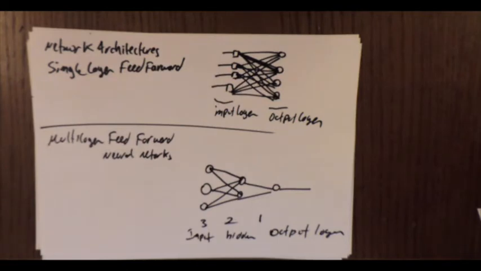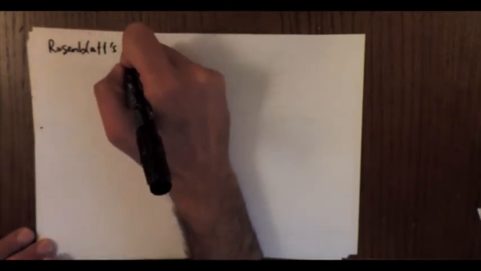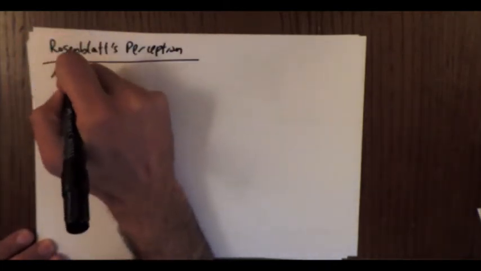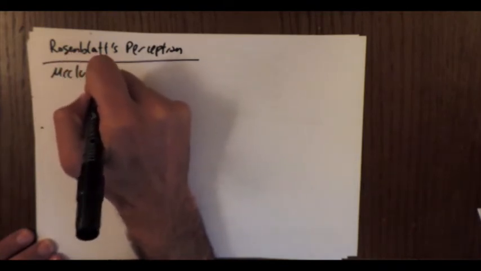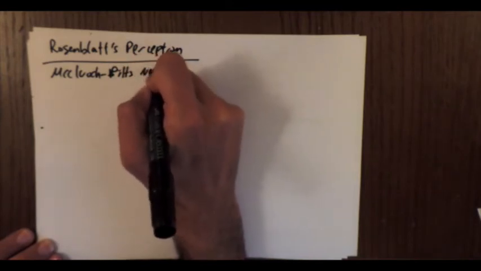Now, the first neural model that we will see is called the Rosenblatt neural model, and it is used as a linear separator. It is Rosenblatt's perceptron, also known as the McCulloch-Pitts neuron.